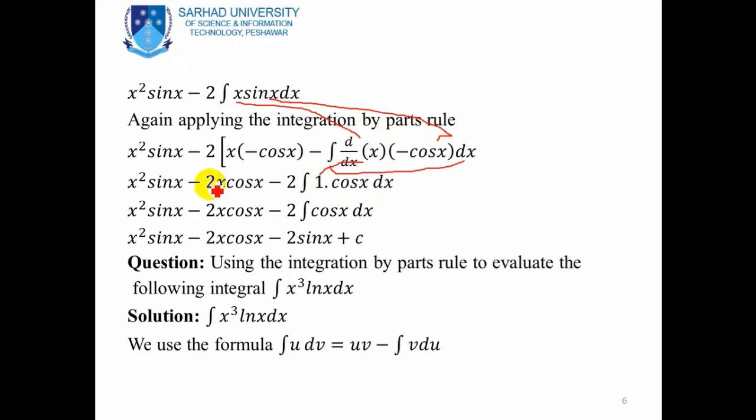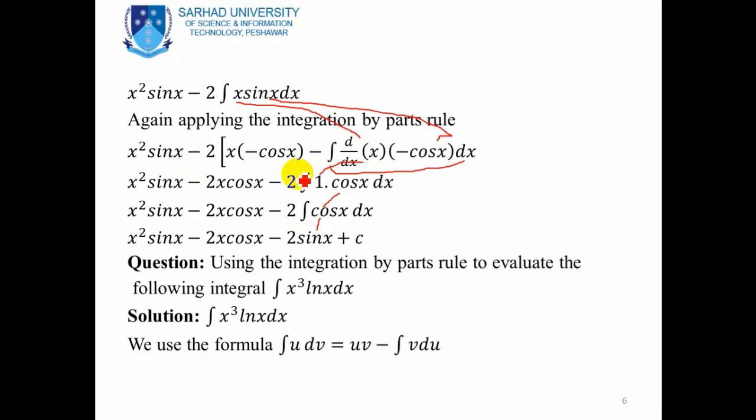After simplification we obtain x square sine x minus 2x cos x minus 2 into integration of 1 dot cos. So 1 dot cos means again cos, and the integration of cos is sine x. Now the product has disappeared because we consider the polynomial as the first function, when polynomial and trigonometry are in multiplied form.